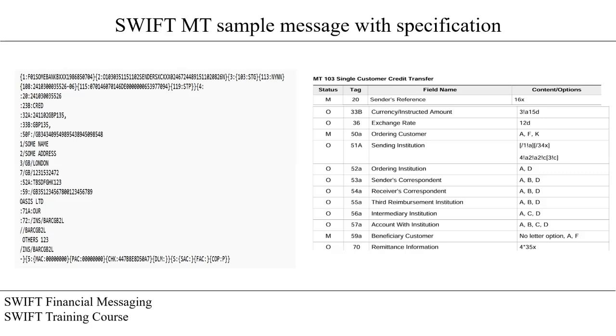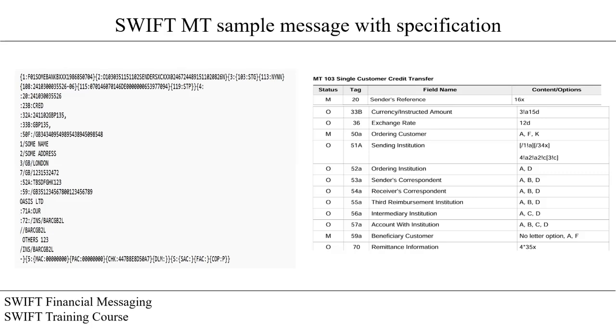If you can see, the M within the specification on the right hand side means mandatory fields. The O is the optional fields. And you can see, for example, tag 20 is a sender's reference that contains 16 characters. So Swift has their own list of characters that is allowed by the system.